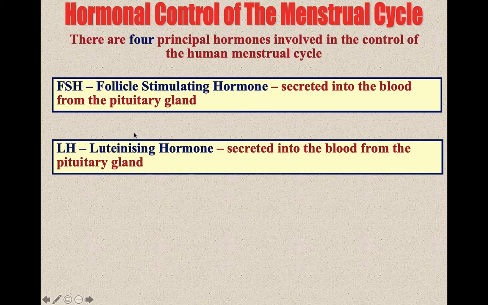Well, luteinizing, again, gives you a clue. You remember we talked about the corpus luteum, right? That was the structure the Graafian follicle turns into, the yellow body. So essentially, the job of LH is to tell the Graafian follicle to turn into the corpus luteum.